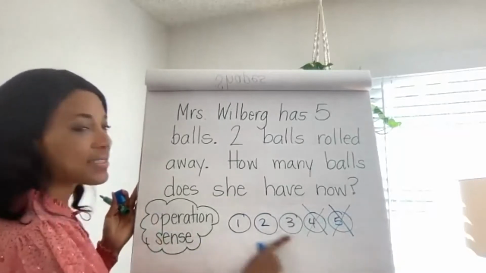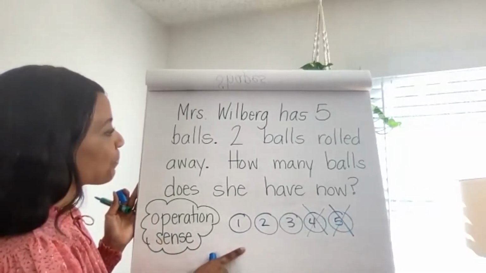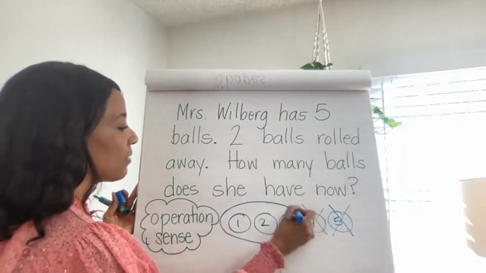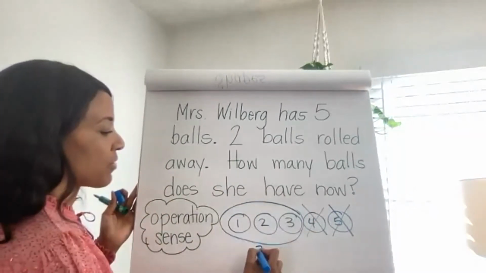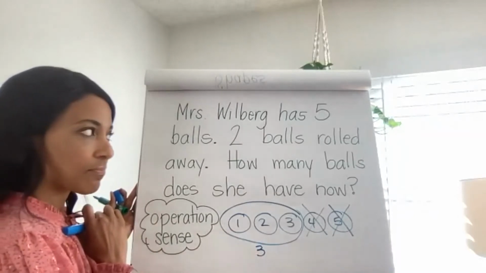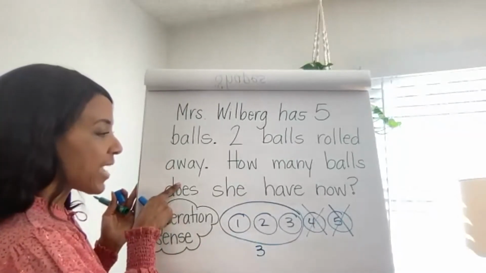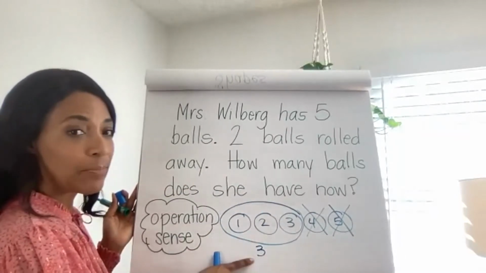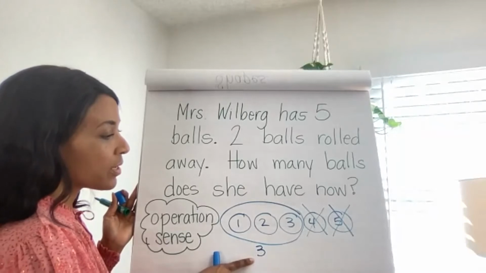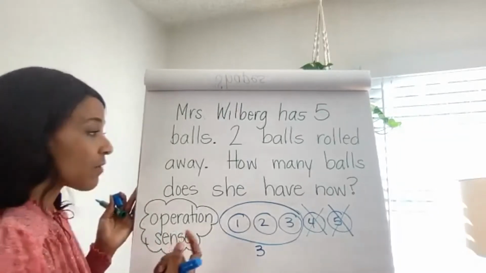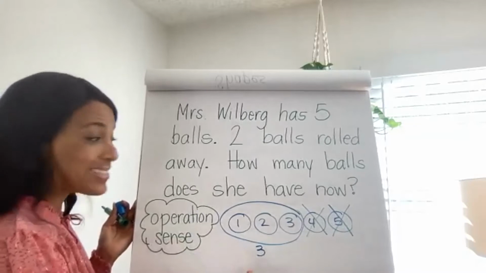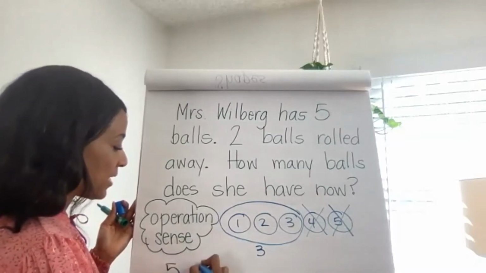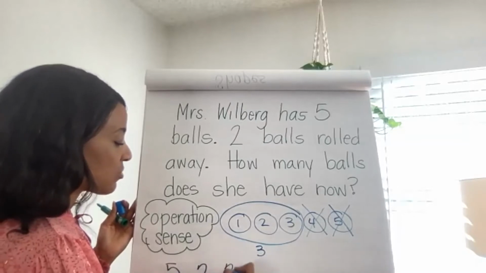Right, so here we can see their model of the problem. And they might identify that there are 3 remaining, and write a 3. So we comprehend and analyze the problem. We make a model of the problem and we can label the model. Now students can use an equation to solve the problem. Some students might say 5 minus 2 is 3.